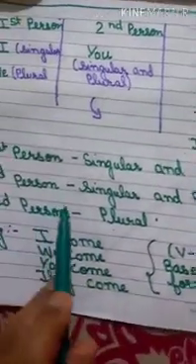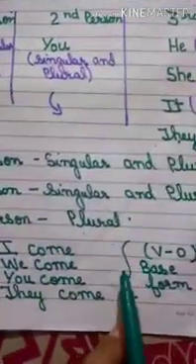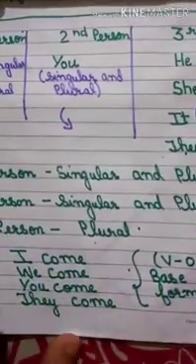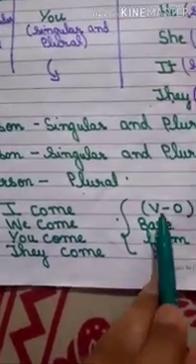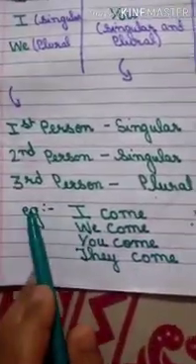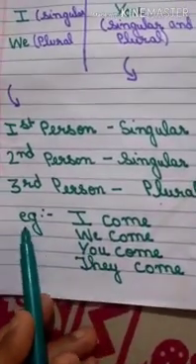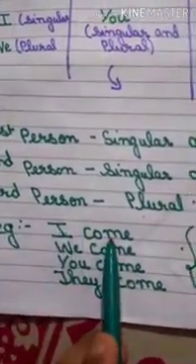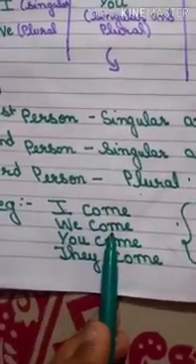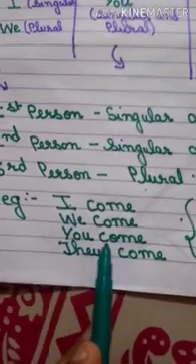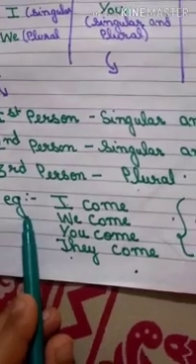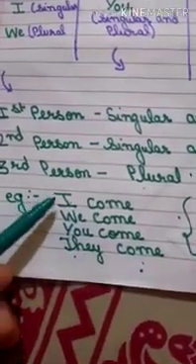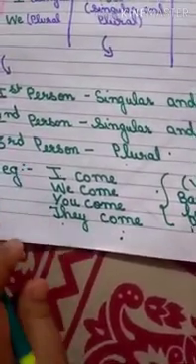In that we will not add s. This is base form. In that we will not add s. What are the examples? I come. We come. You come. They come. Okay children? So in that we will not use s: I, we, you, they.